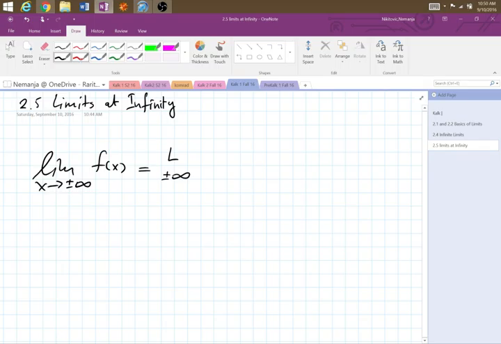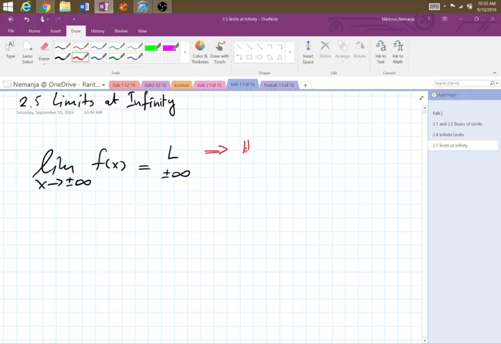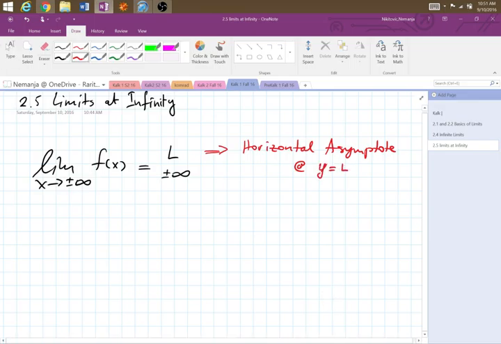If you send x to infinity and you end up with a finite number L, let's say 3 or 7, then you are looking at the definition of a horizontal asymptote. This would imply a horizontal asymptote at y equals L.